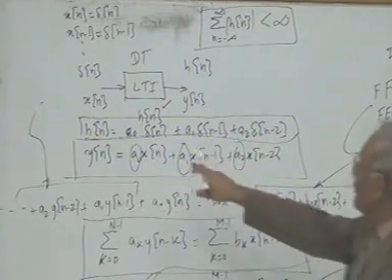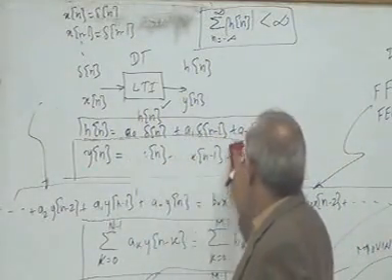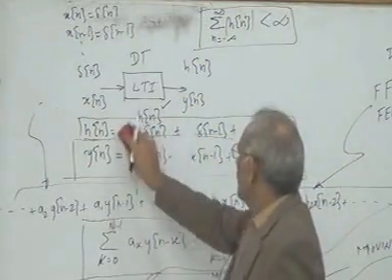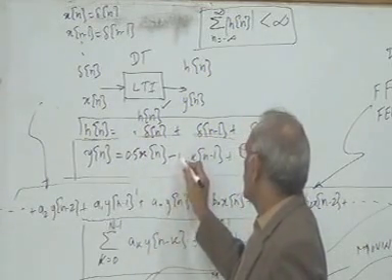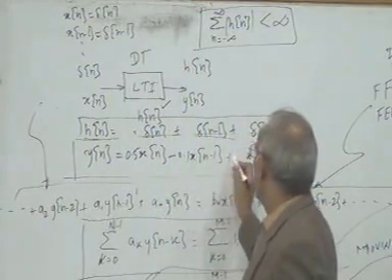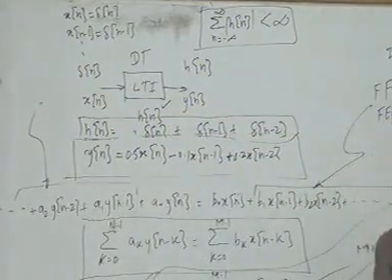This is going to be your impulse response. Let's put some values here. Let's say the values given to us were 0.5 x of n minus 0.1 x of n minus 1 plus 0.2 x of n minus 2.